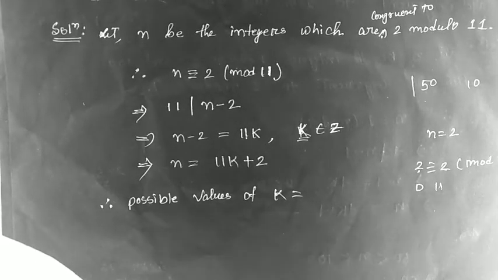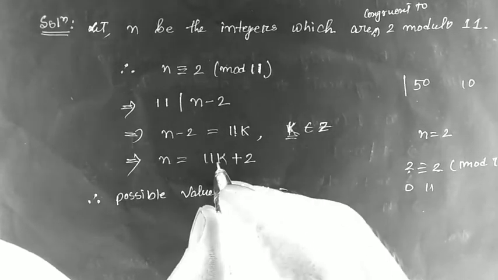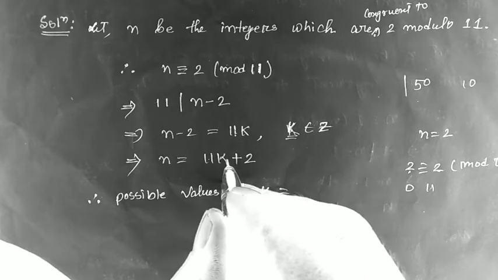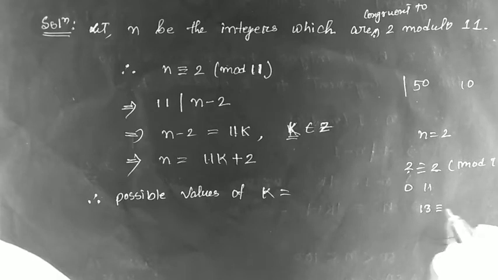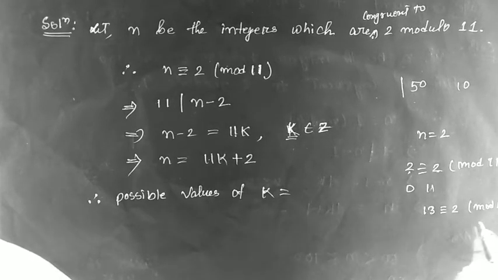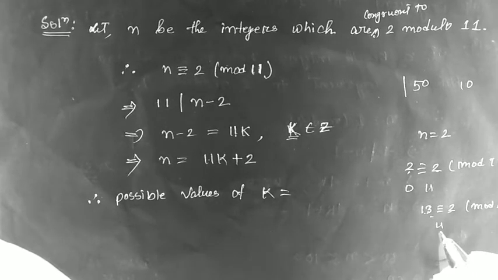So in this way, if we put the value k equal to 1, then 11 into 1 plus 2 is 13. Is 13 congruent to 2 modulo 11 satisfying? Yes. 13 minus 2 is 11, which is divisible by 11.